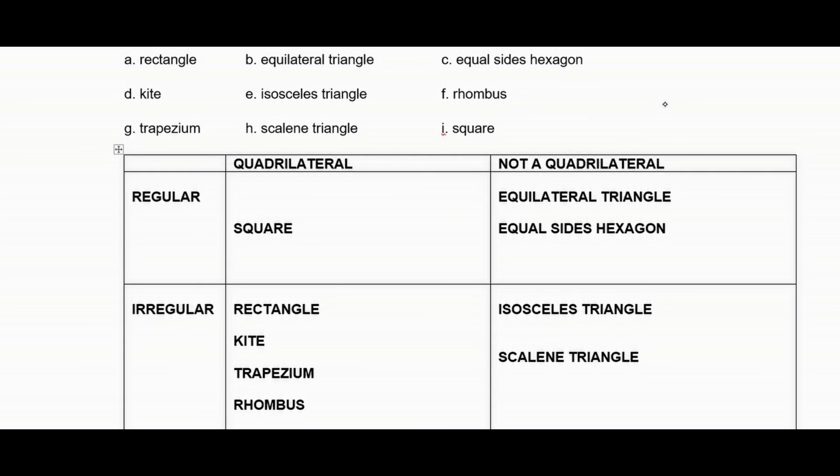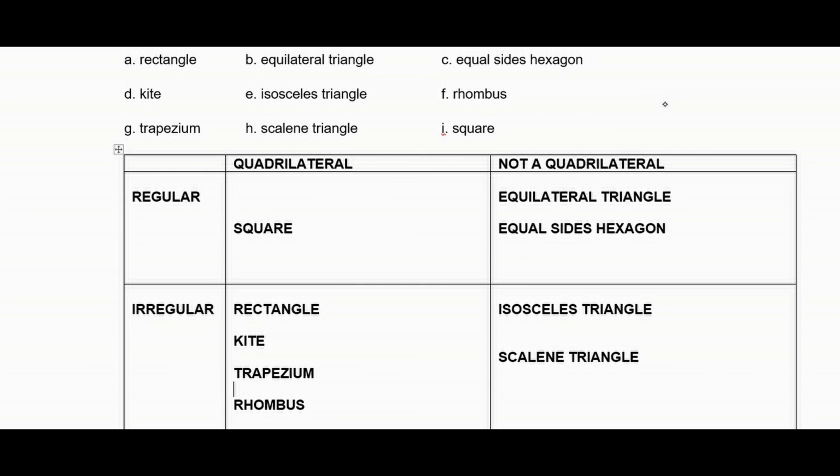An isosceles triangle of course is not a quadrilateral, and it is irregular. A rhombus is a quadrilateral, and it is irregular, right? And we have a trapezium. The trapezium is a quadrilateral, and it is irregular. Not all the sides are the same.